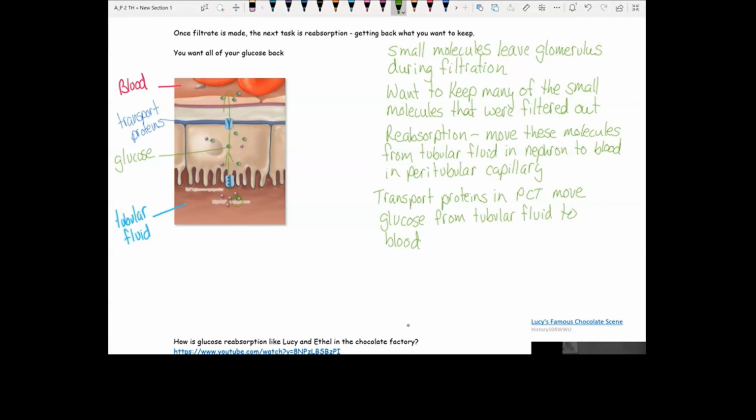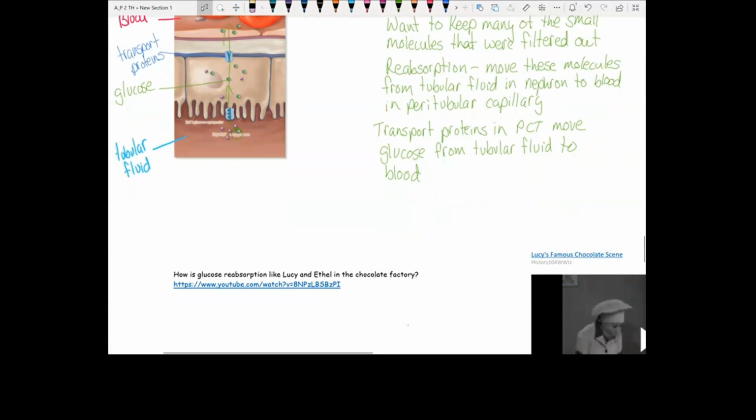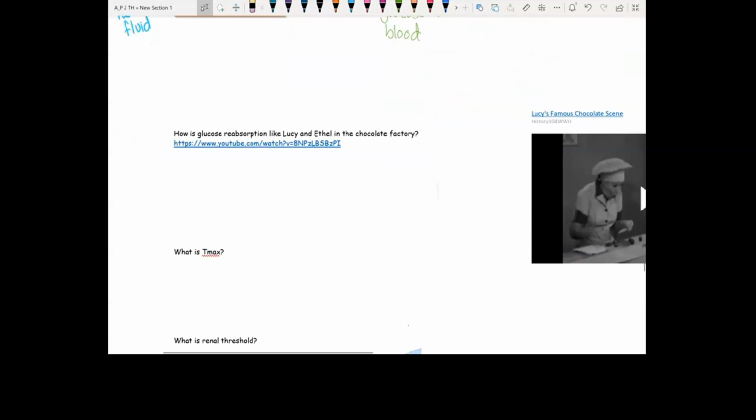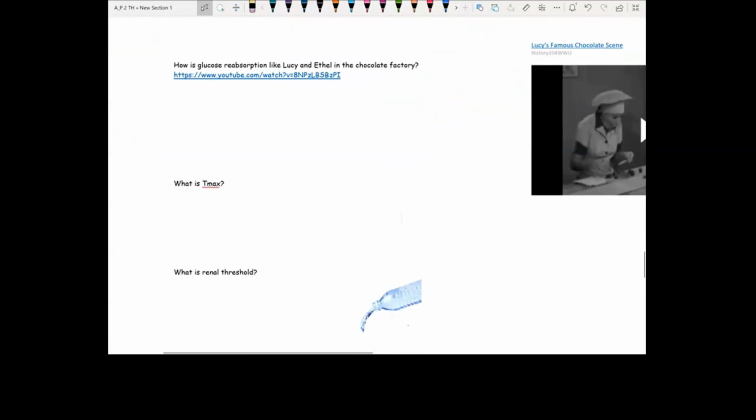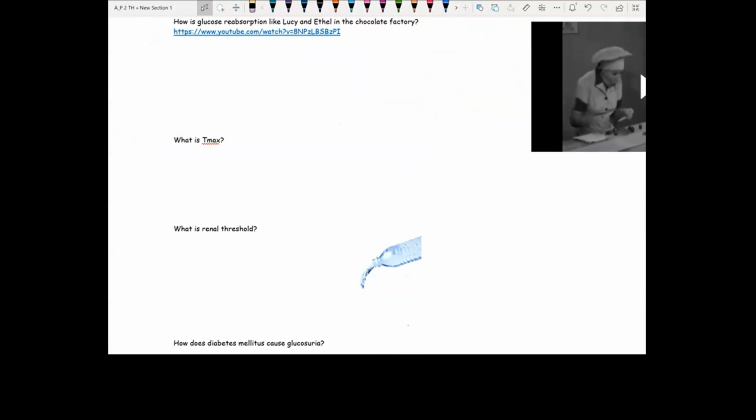Now, with glucose, though, we do run into some issues if somebody has diabetes or the inability to regulate their blood glucose level. So you have Tmax. Tmax is the maximum amount of glucose that those transport proteins can move.